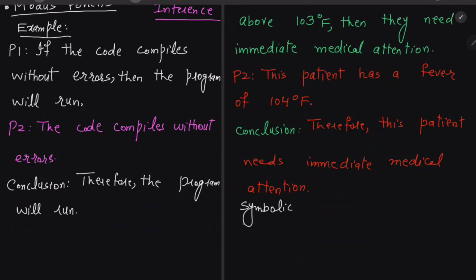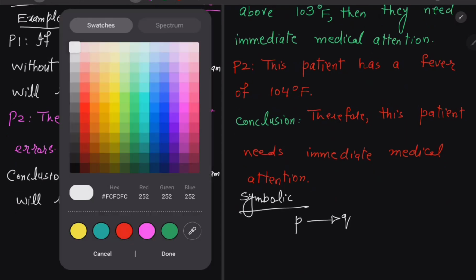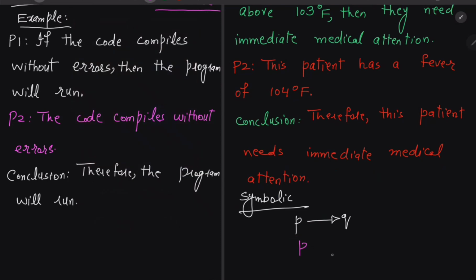If P then Q, it can be written as P implies Q. If, for example, P is true, then we conclude that therefore Q is true. That's how you explain modus ponens.